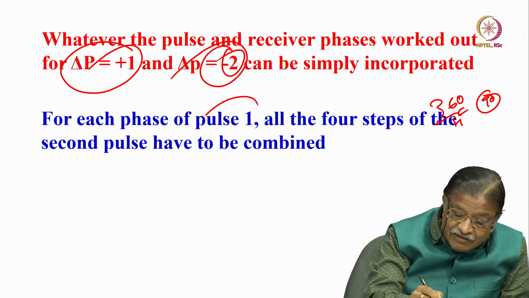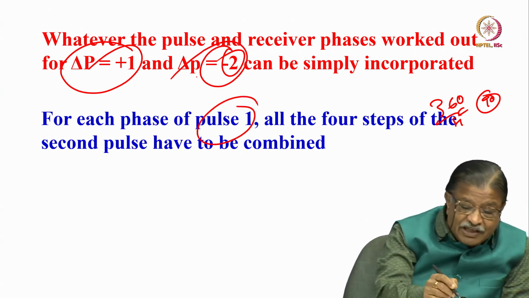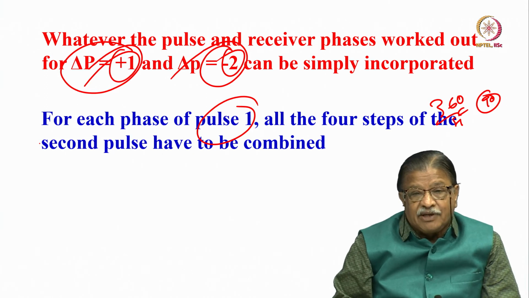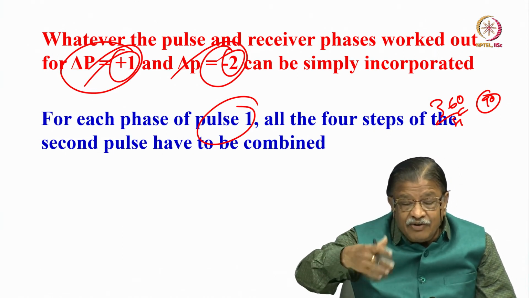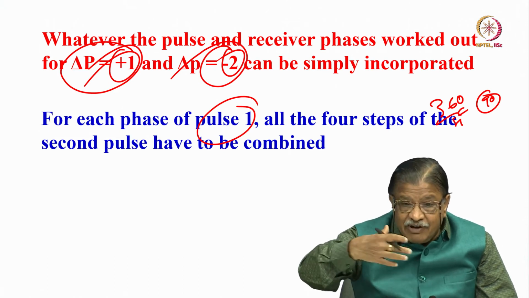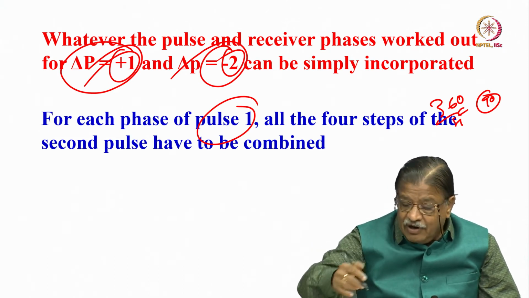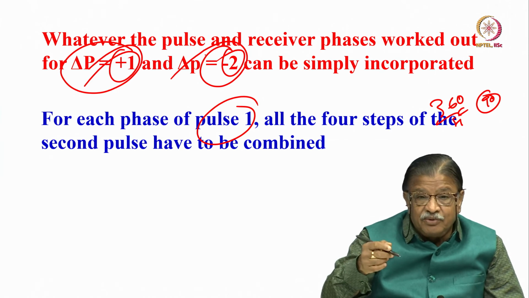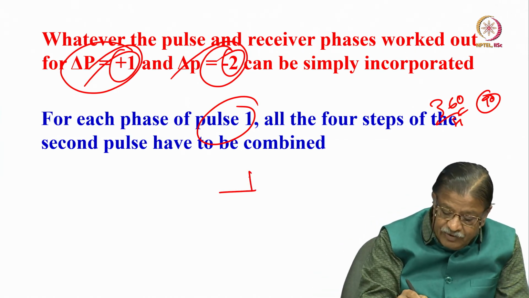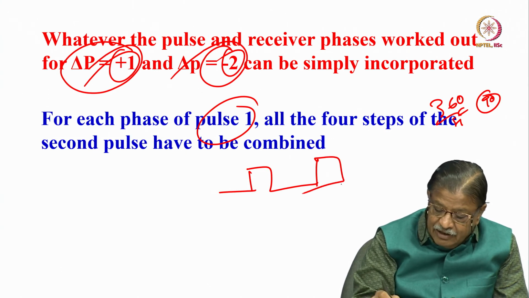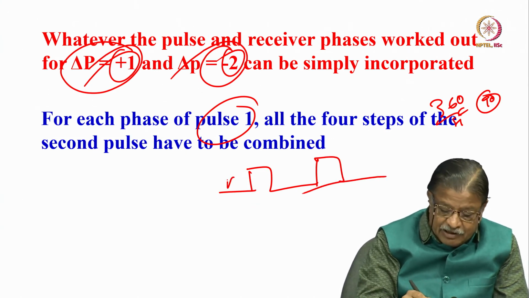Now for each phase of the pulse for delta p equal to +1, 4 different pulses we have to see, ensure that the receiver phase of pulse 2 has to be incremented. For example, let us say this is delta p equal to +1.